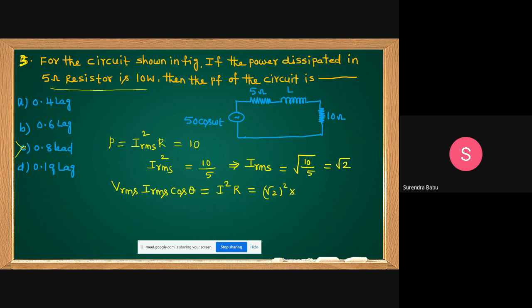The total resistance is 15. That is 2 into 15.